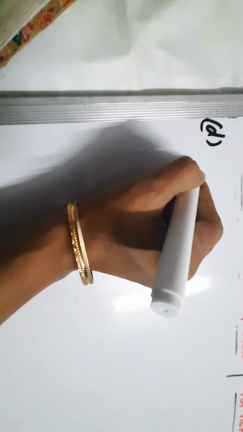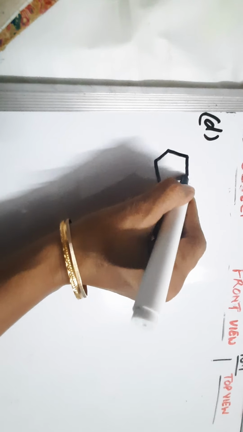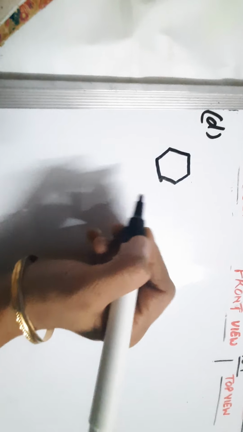Now dear students, in D part a hexagonal block is there. So let me make this block also in front of you. So the front block is of 6 sides, 1 2 3 4 5 6. So we'll make it like this only. So we will make the 6 blocks like this, right?